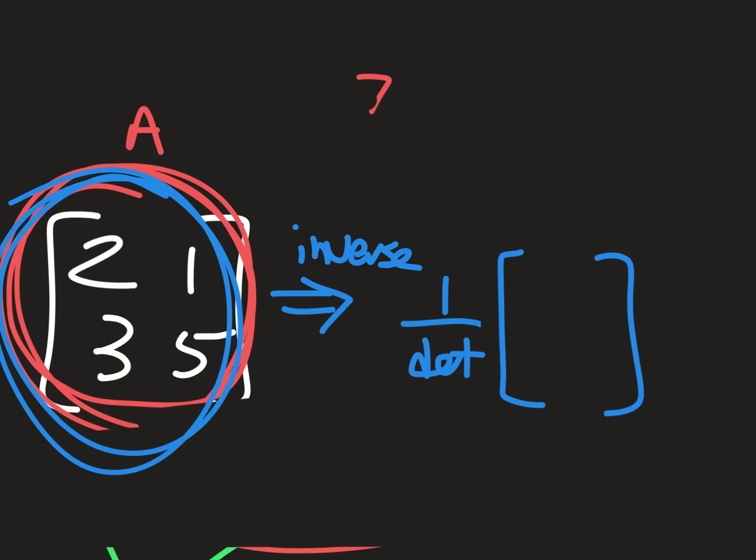Remember that? How many of you were thinking in your head, flip-flop? Yay. So this flip-flops to 5 and 2 this way instead of the other way around. And this is opposite and opposite. And then the determinant was 7. We just figured that out. So that's it.